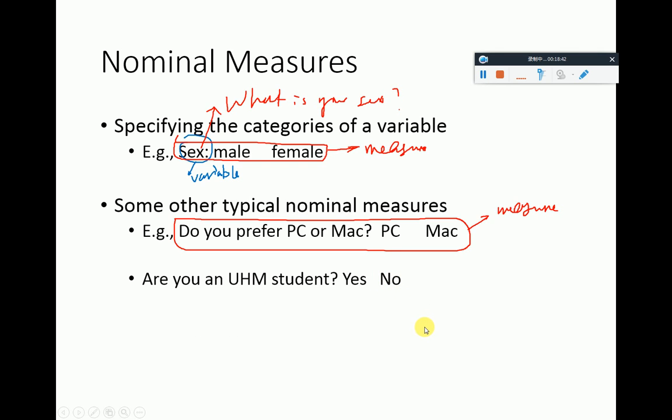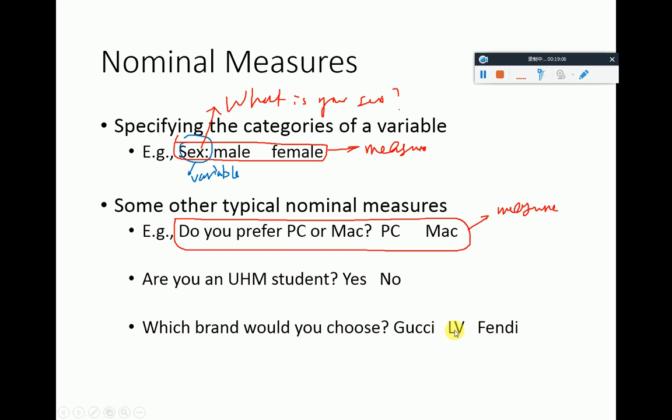Again, a nominal measure. It turns out that a nominal measure does not mean we can only have two choices. We can have multiple choices, more than two: three, four, five, however many you like, right? As long as these values are categories of things, but not a continuous state of affairs.